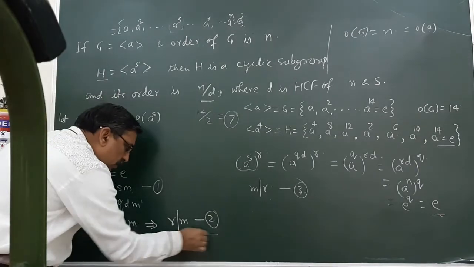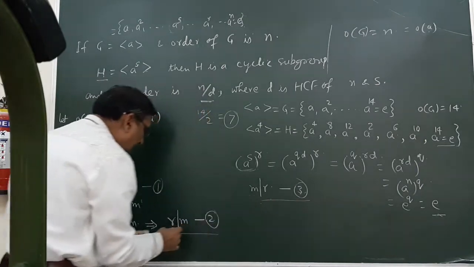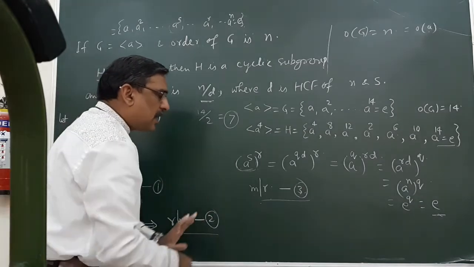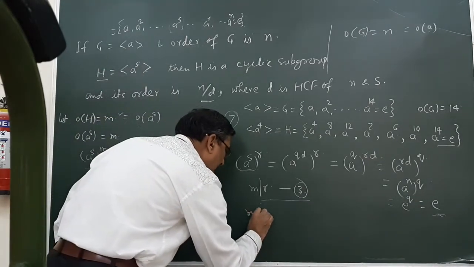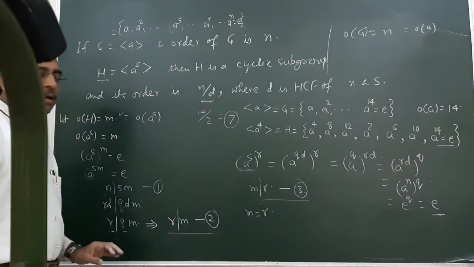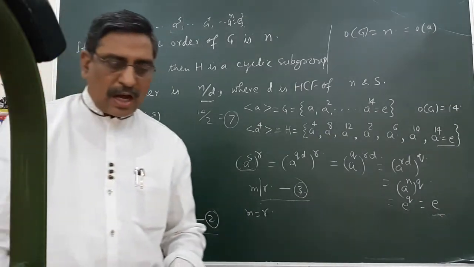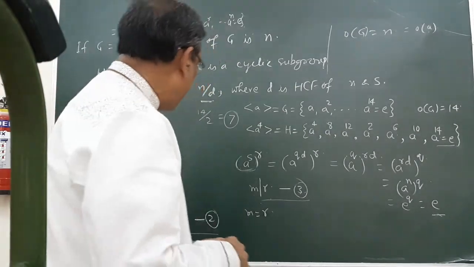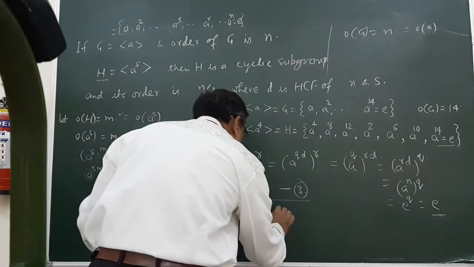From results 2 and 3, R divides N and N divides R means N is equal to R. And what is R?